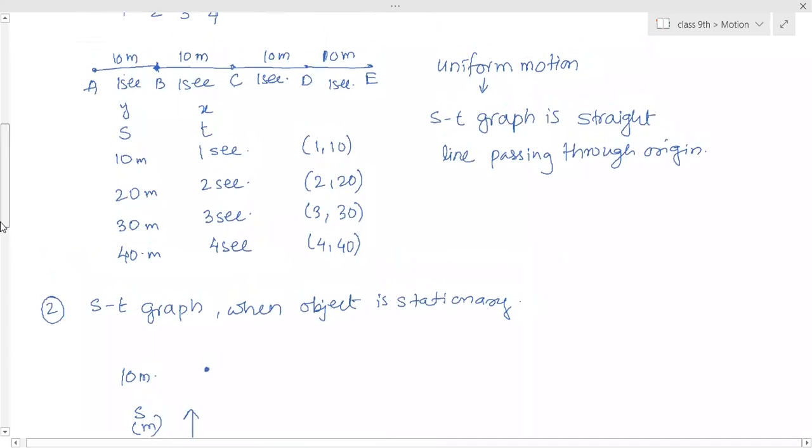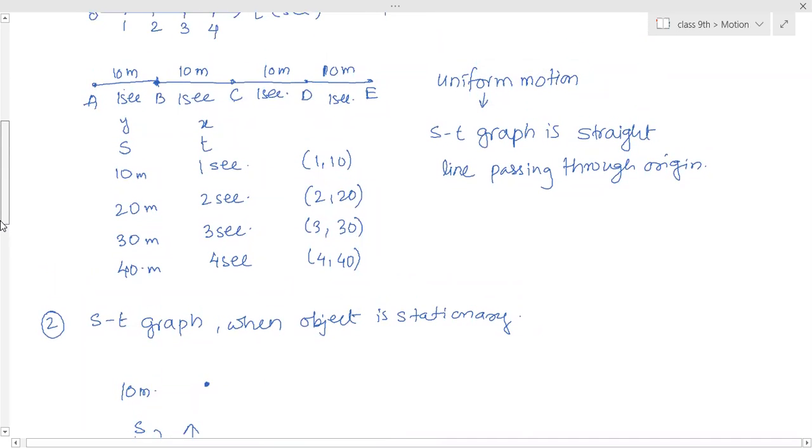Okay, fine. This much, or above? That only. Ma'am, then you can scroll down.